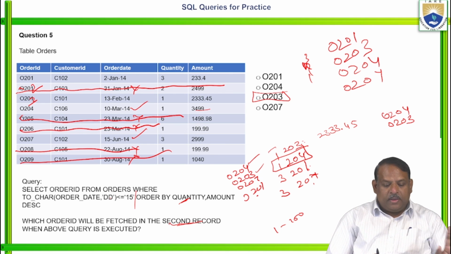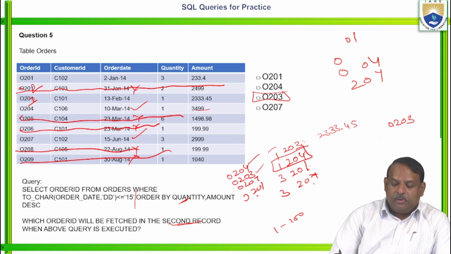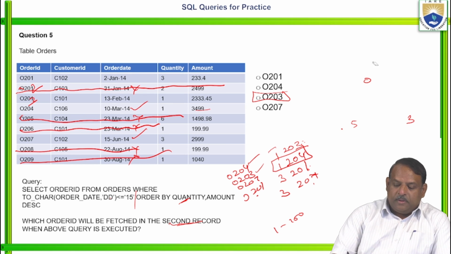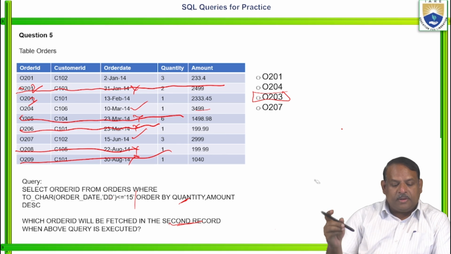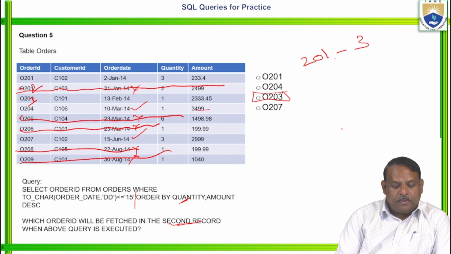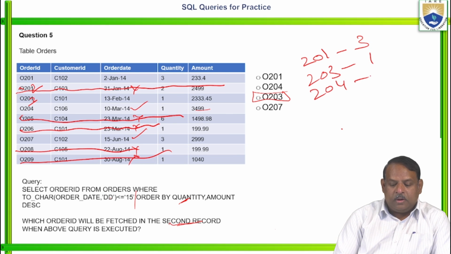Okay, I think there's some confusion. We'll try to complete this once again. Out of 9 records, we got 4 records. First we'll print the values: 201 is 3, 203 is 1, 204 is 1, 207 is 3.